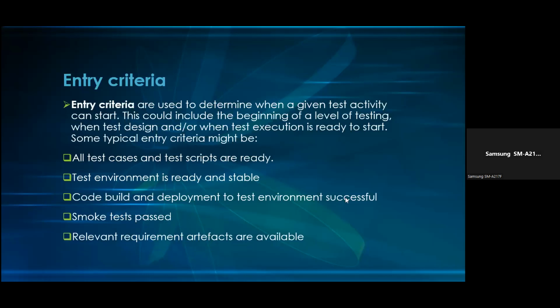Whatever is required from us in terms of all the testing artifacts, we have it available. The dev environment, the test environment, all the infrastructure, the configuration, everything is as expected. Then we are ready to start testing. Don't just start like that. Make sure you do all these checks.